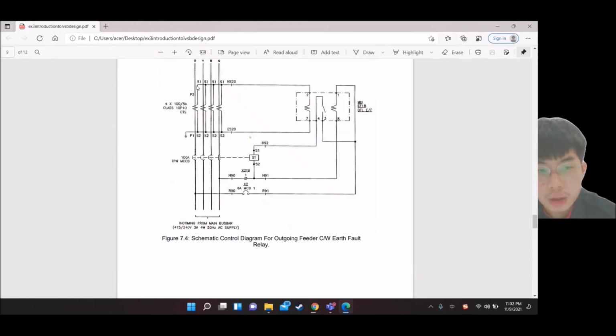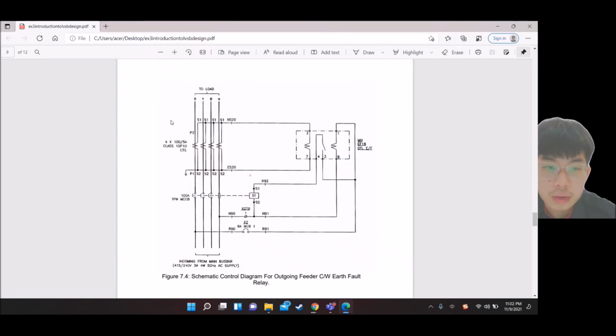Finally it conducts to S1, and the current goes into the 4 relay. The other terminal is connected to the ground, and connects to every bus bar. So totally the current transformer is going to the load, every load of the bus bar. That's all for my presentation. Thank you.